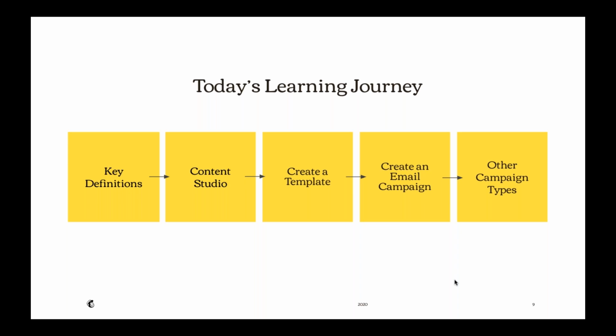Then we'll walk you through the types of templates that you can set up in Mailchimp. We'll go step by step through the creation of a template using our drag and drop editor. Next, we'll walk you through how to take your branded template and quickly and easily turn it into an email campaign. While we'll mostly focus on email, we'll wrap up this webinar by showing you a variety of other marketing campaign options that you can set up in Mailchimp.